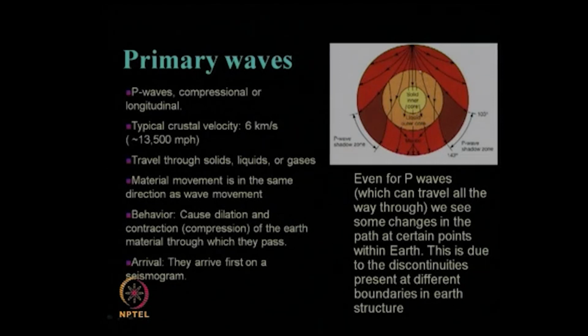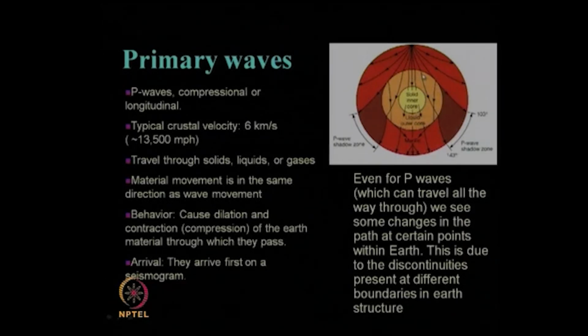So, when these waves hit the boundary between the mantle and the outer core, as we have seen in the earth's interior, this one is the outer core, then the inner core. The inner core is a solid material, whereas the outer core is in a liquid or fluidized state. So, when this wave intersects the mantle and outer core boundary, due to the change of material property as well as the state of the material, there will be some reflection and refraction of these waves.